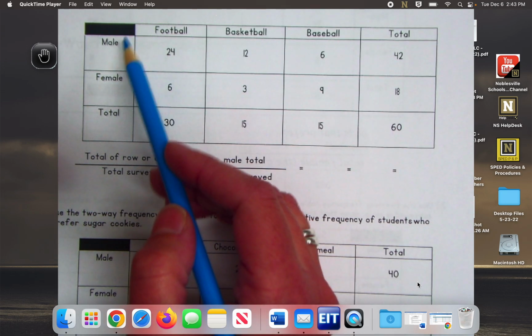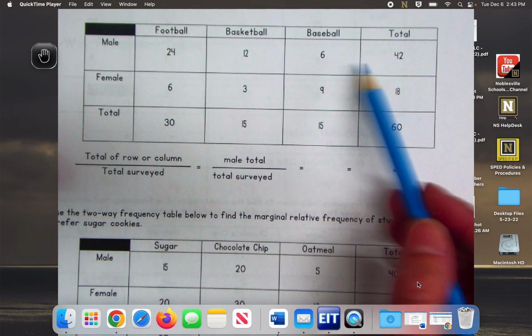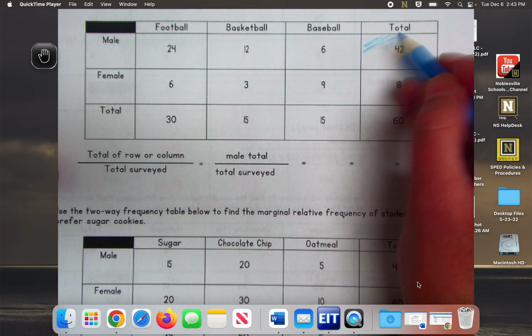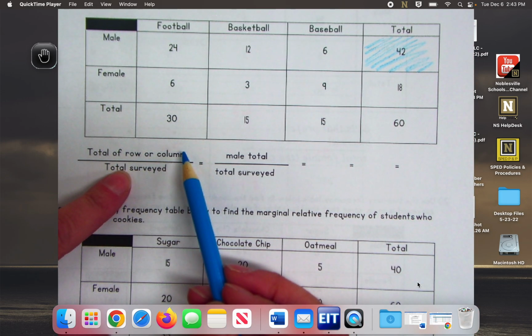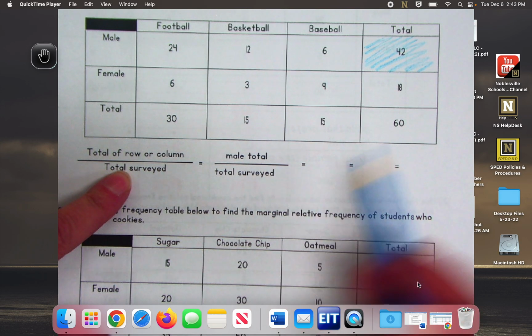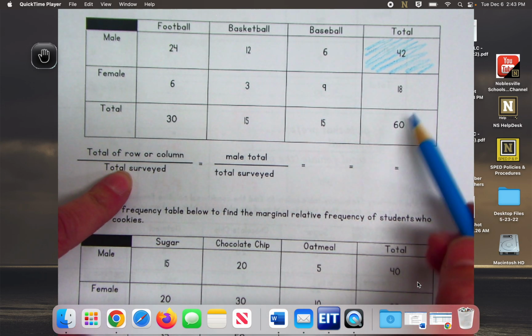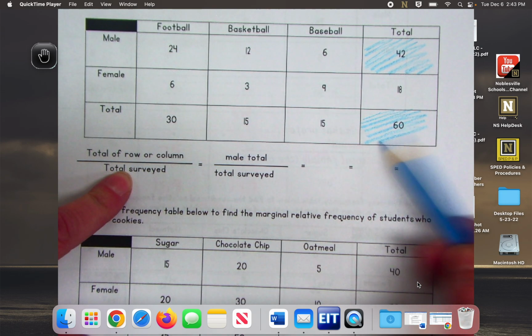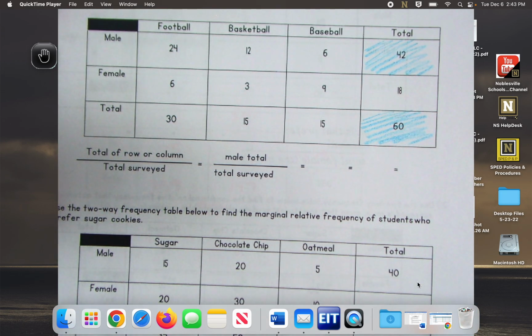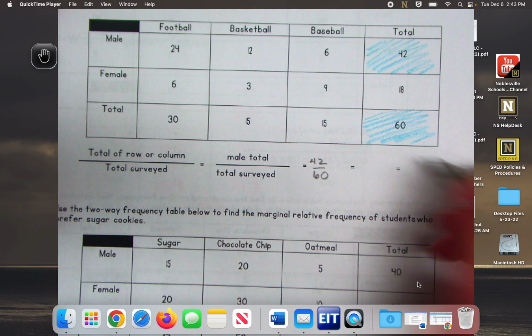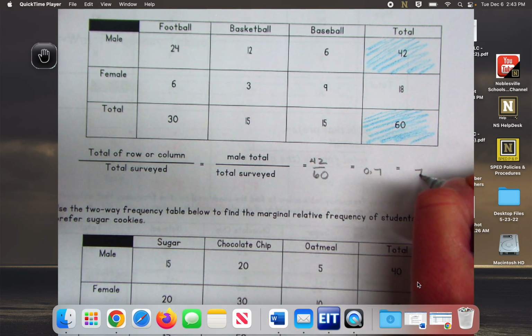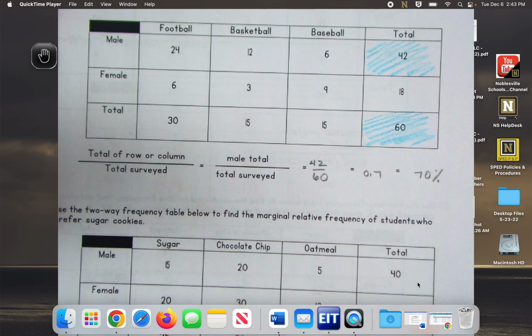How many total male students were surveyed? 42. And you can see down here, total of row or column, male total, and then how many total were surveyed? 60. So my fraction is going to be 42 out of 60, which will be 0.7, which is 70%.